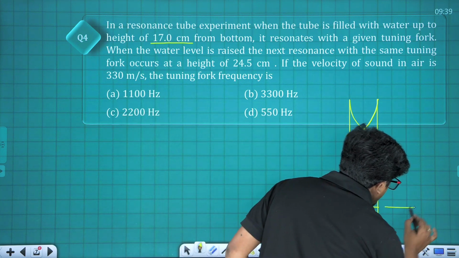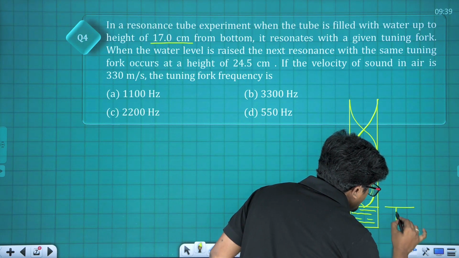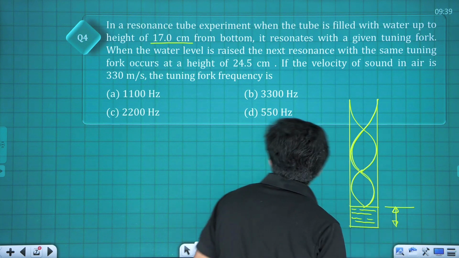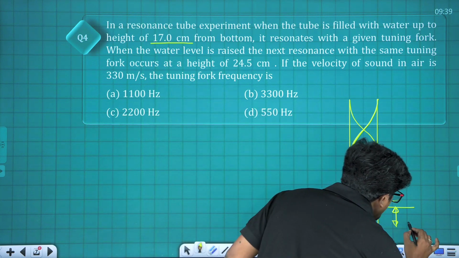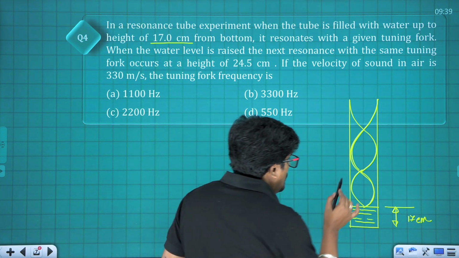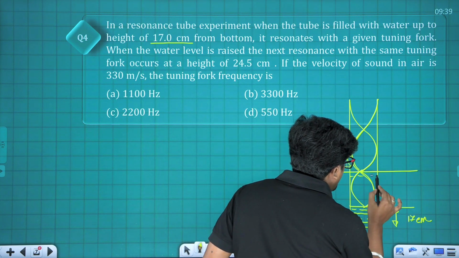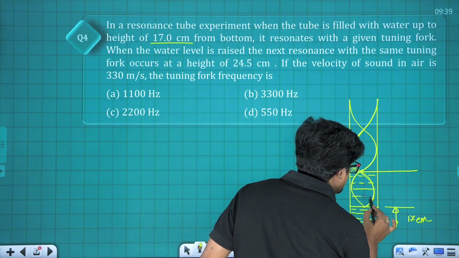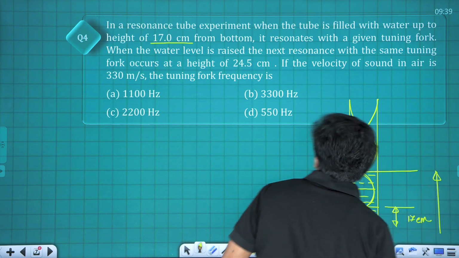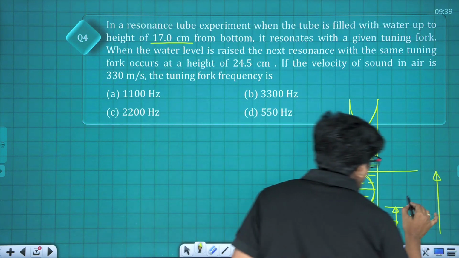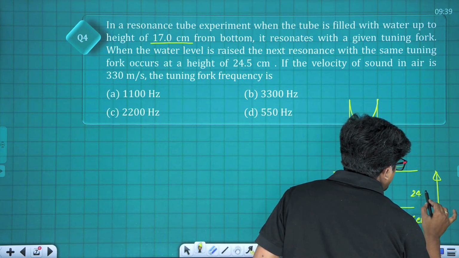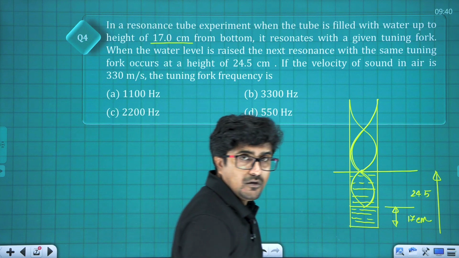So here, as per the question, this much height is marked as 17 centimeter. Now next time the resonance will occur if you raise the level of water up to here, and this time the level of water is marked as 24.5.